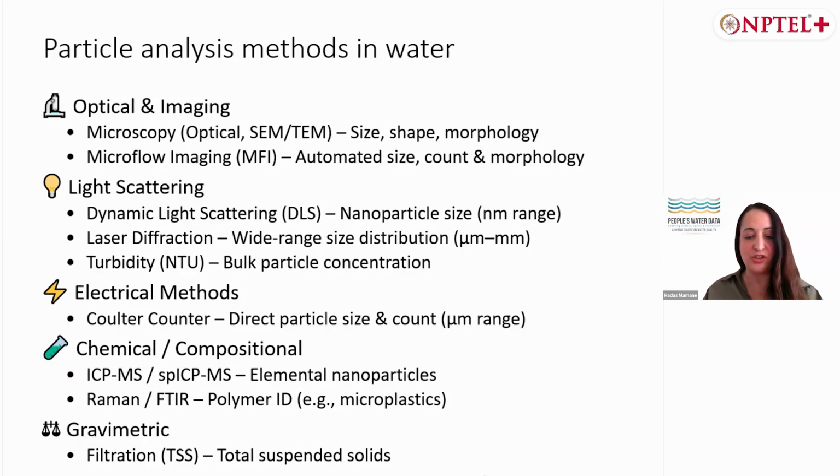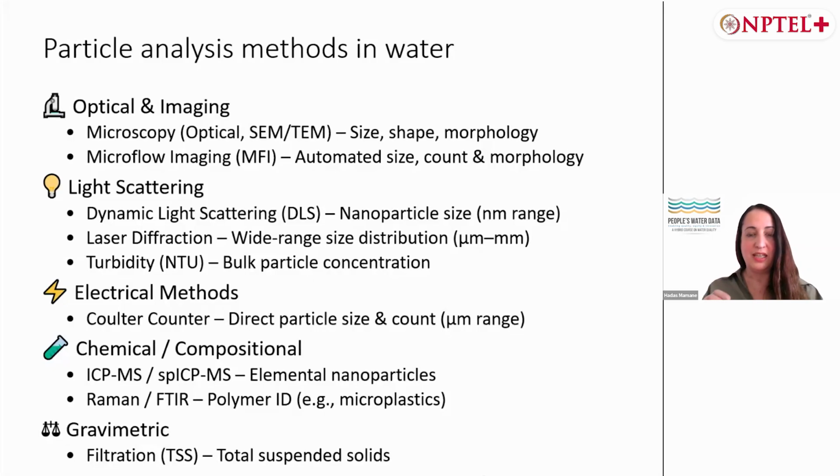This is the gold standard to obtain high resolution identification. We can use, for example, scanning electron microscopy and transmission electron microscopy. They allow us to view the size, shape, and morphology of the particles, but we can also use, for example, microflow imaging, which provides us an automated size, counting, and morphology of the particles.